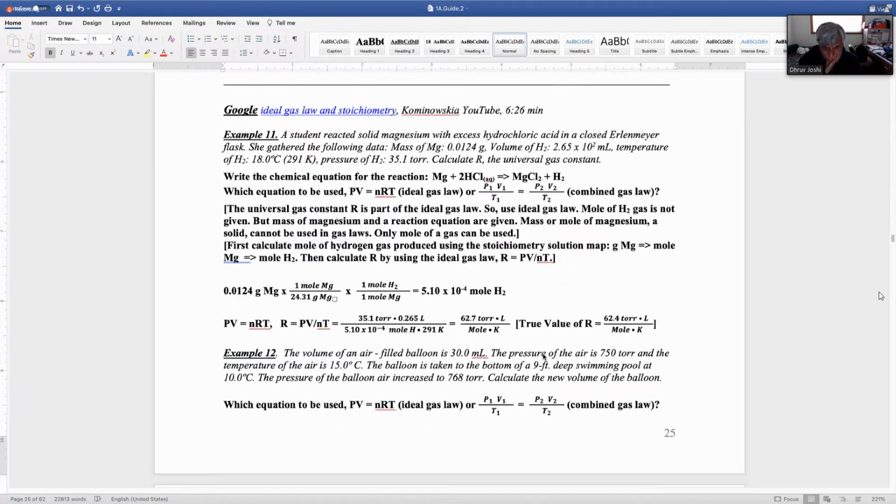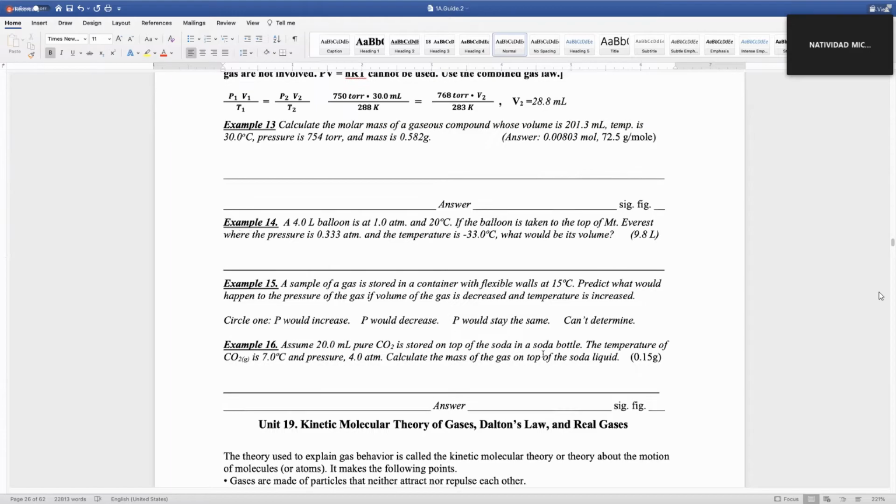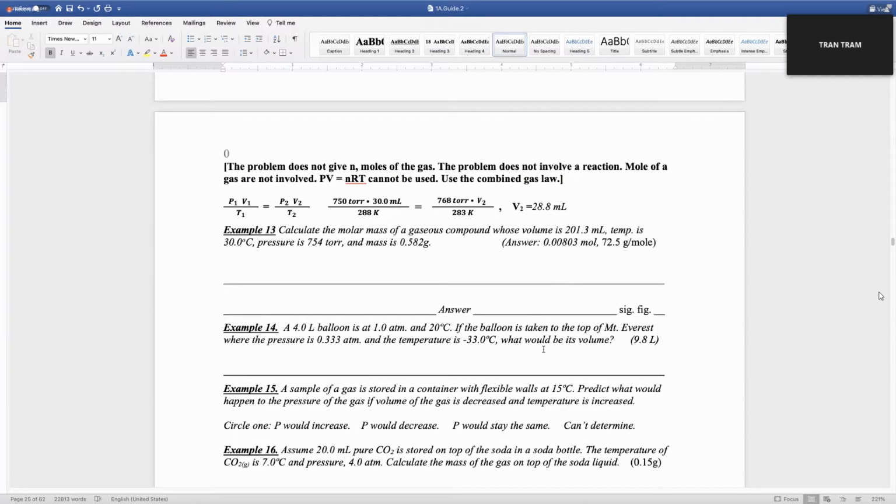What was your denominator? 0.021 times 280. It's 0.0821. Oh, yeah. It's 0.0821 times 280. Yeah, that's why I heard that number weird.